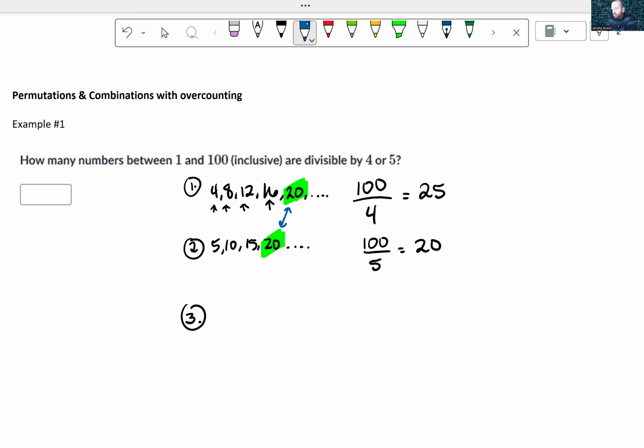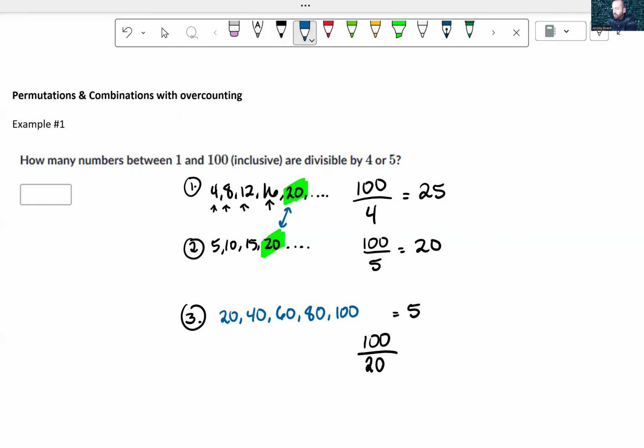So now if we were to count by 20s, we would get an overlap number each time. And this list was very short, so we can just count what that is. And that's 5 outcomes where it's counted twice. But another way to write that is there's 100 numbers, and divide that by 20, which is the least common multiple of those numbers, and that also gives us 5.